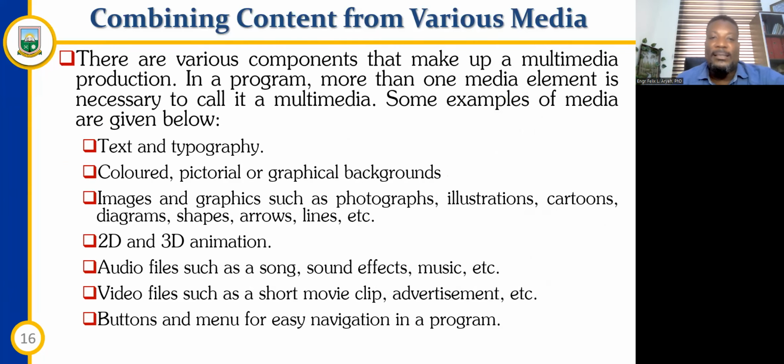Anytime there's supposed to be some sort of multimedia production, there are certain things a multimedia designer should always have in mind. In a program, more than one media element is necessary to call it a multimedia.